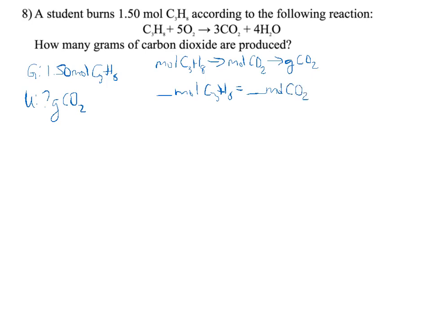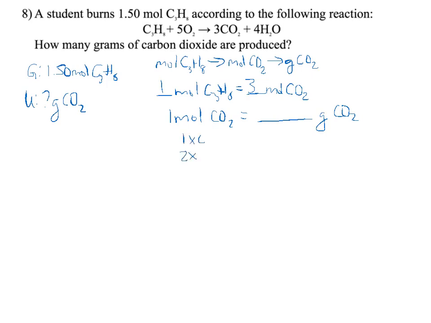And then remember again, this is just the coefficients. There's no number in front of the C3H8, which means it's 1, and CO2 has a 3 in front of it. So this is a 1 to 3 mole ratio. And then we do our molar mass of carbon dioxide. So 1 mole of CO2 equals blank grams of CO2. We have 1 carbon.